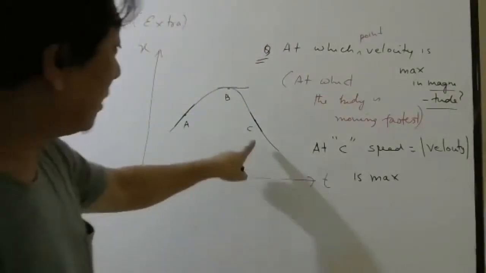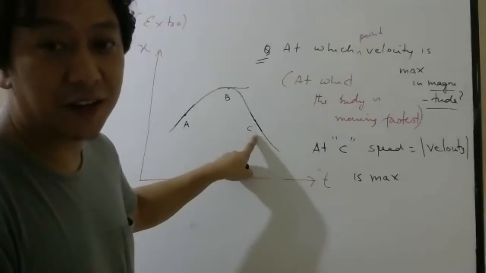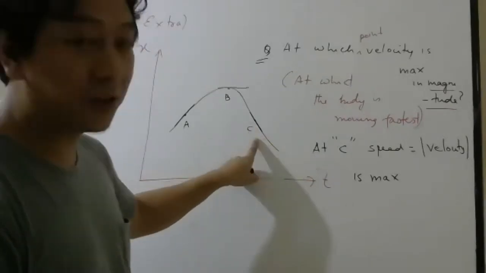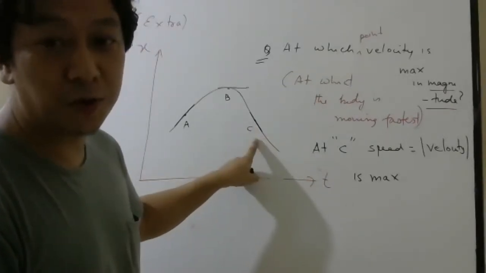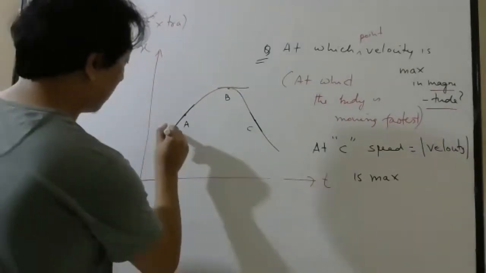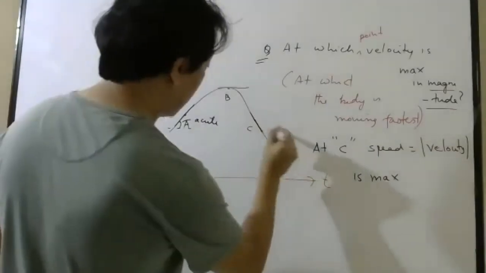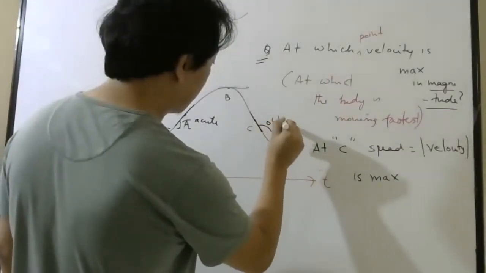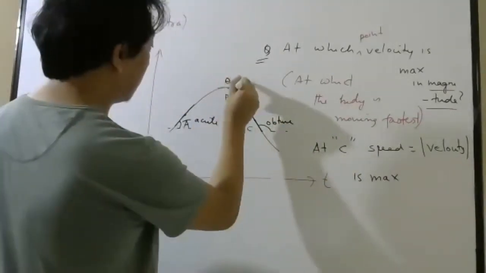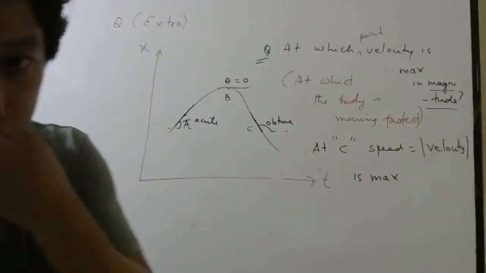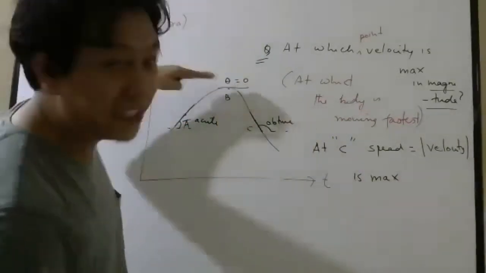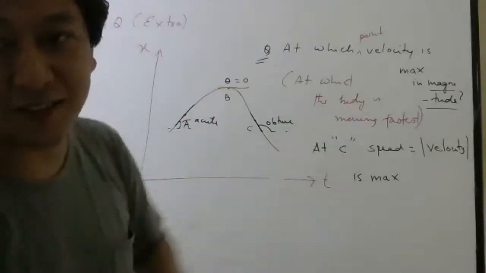Of course, here the velocity is negative or positive? Obtuse, remember. If you draw, this is your theta, acute. Here your theta is obtuse. Here your theta is 0. This tangent makes no angle with the x-axis, right?